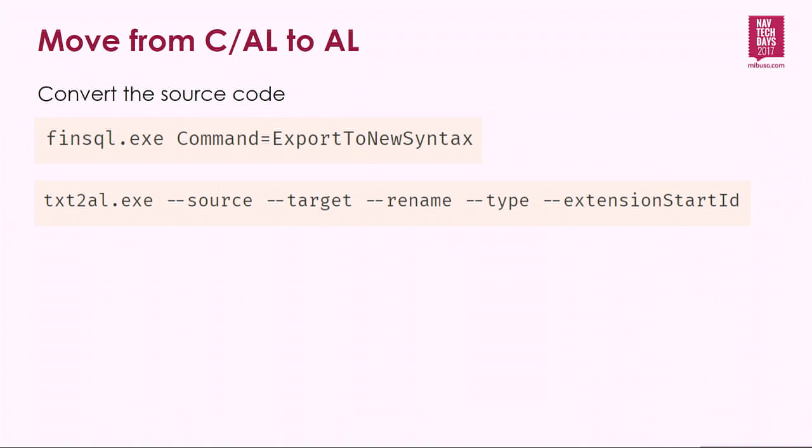So of course what the tool won't do is it won't rewrite .NET interop code into the new types. This is something you have to do yourself. And also it won't change the architecture to event-based. So this is also something that has to be done manually before actually becoming a full extension.